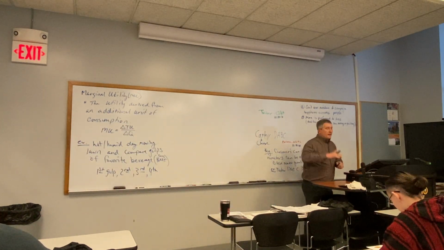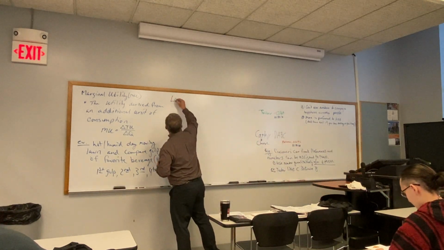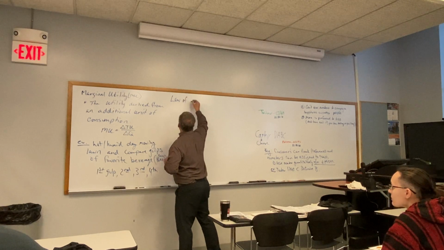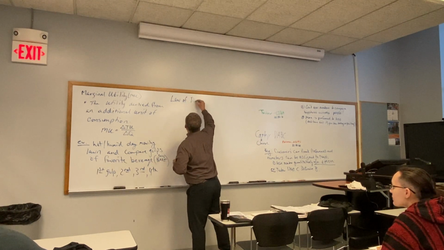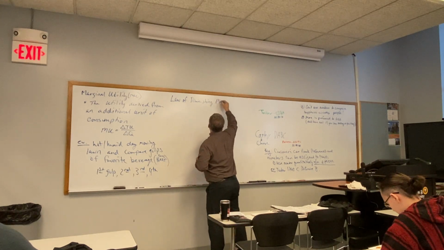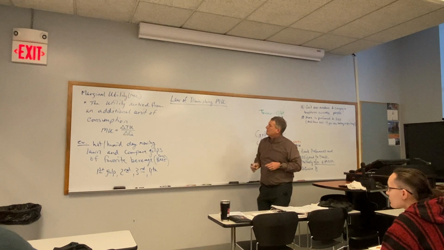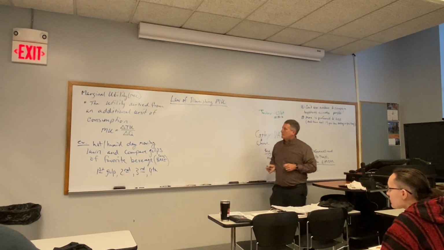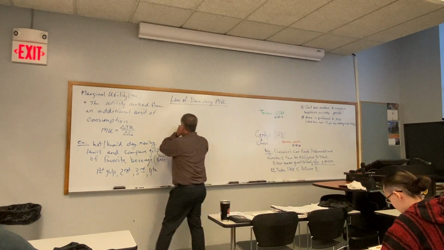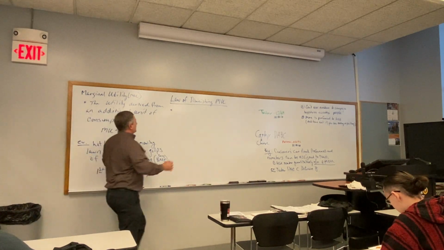So we compare each unit of consumption and we come up with an important law of economics, the law of diminishing marginal utility. All right, and this goes something like this.